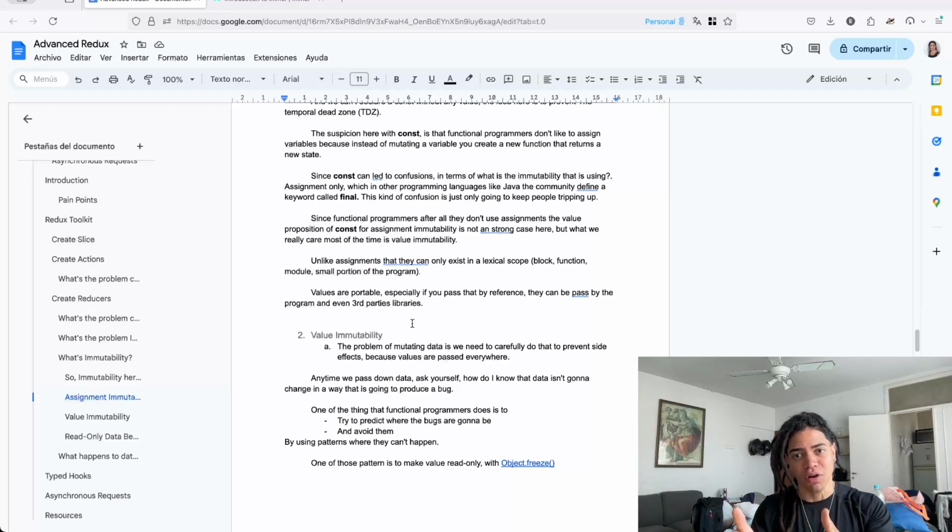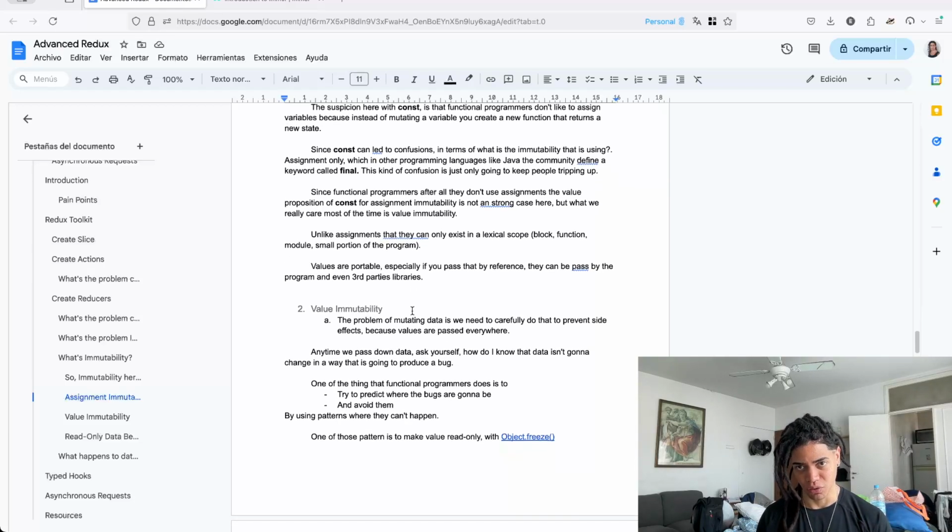For that, there are several practices we can follow. One of them is for read-only data, where you use Object.freeze. When you want to build an application with read-only data, that is how you indicate it when you pass the data down.